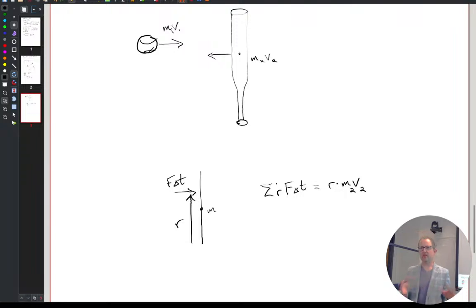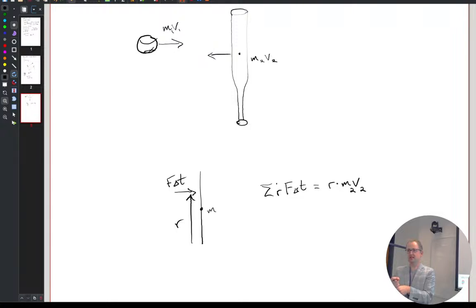So you relate where the impact is and where that center of mass is, and you can change where the center of mass is so that where you're holding it, the R, the distance to where the impact happens, has a 0 impulse.